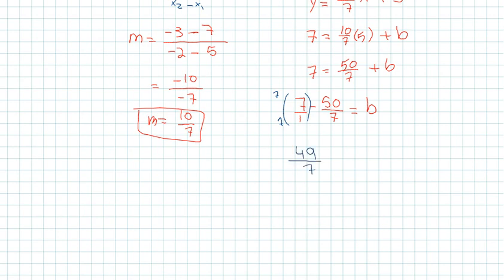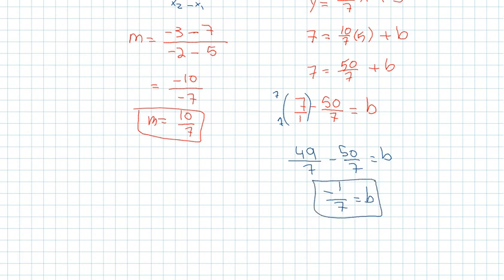If you have a good calculator that gives you fractions, you don't have to do all this. So the answer is negative 1 over 7, right? Because if I subtract the numerators, that will be negative 1 over 7. So your y-intercept is negative 1 over 7.